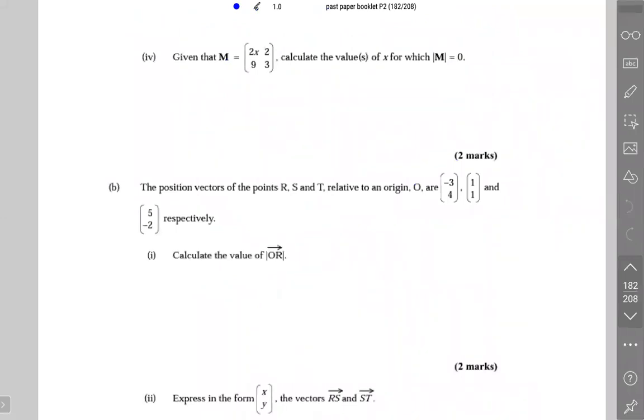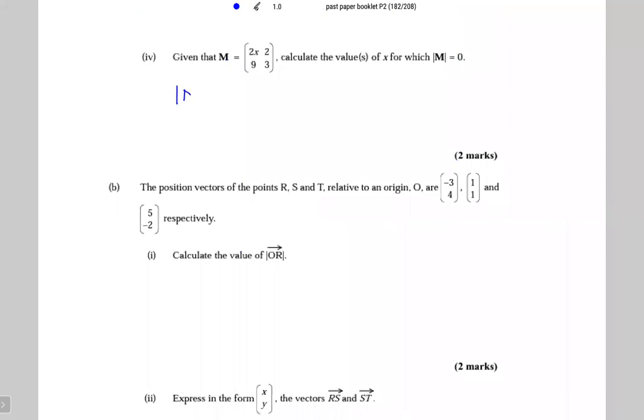Given that M is the matrix 2x, 2, 9, 3, calculate the value or values of x for which the mod of M is 0. So the mod of M would be 2x times 3 minus 2 times 9.